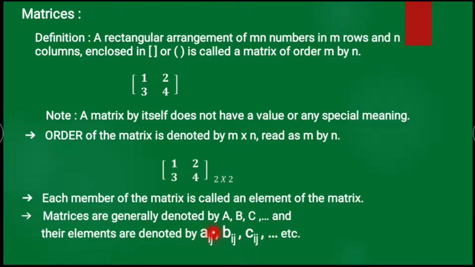Matrices are generally denoted by capital A, B, C and so on. Their elements are denoted by small aij, bij, cij and so on. So here we denote this matrix having elements 1, 2, 3, 4 as matrix A.